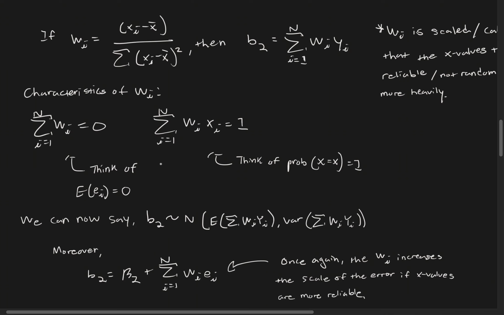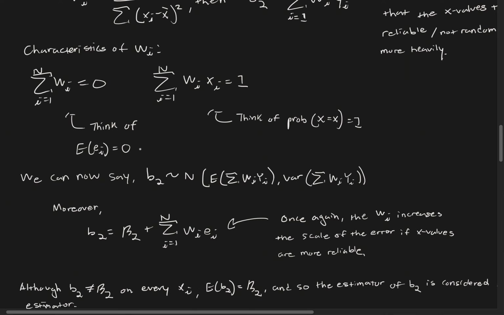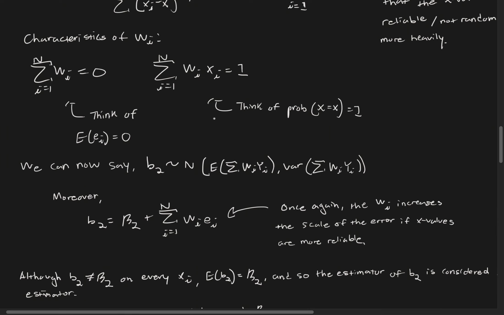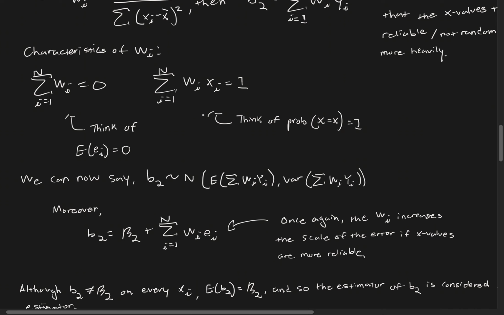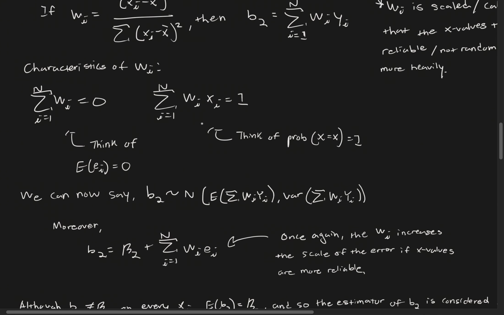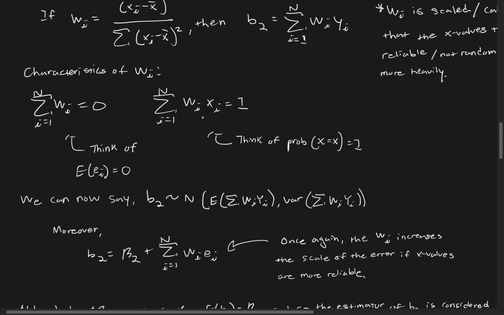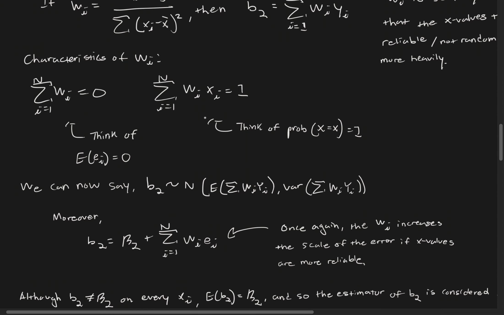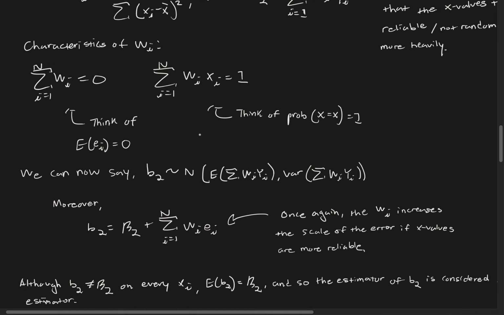I guess we could think of this as the expectation of error equaling 0 for the first one, and then the probability of all the x's must equal 1, because the x's still count as random variables, even though that might be confusing because we already know all the x values when we're looking at the data set. They still count as random variables because they were extracted from a sampling of the data.